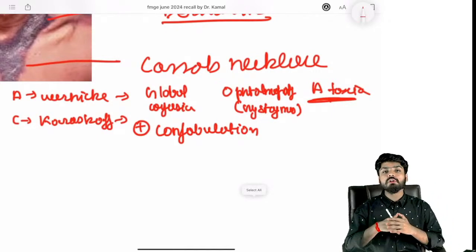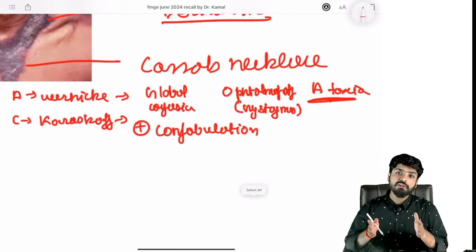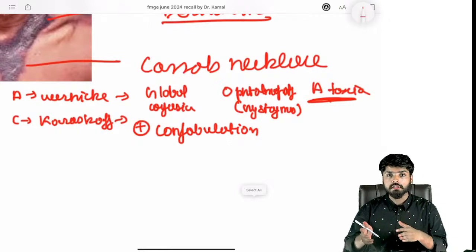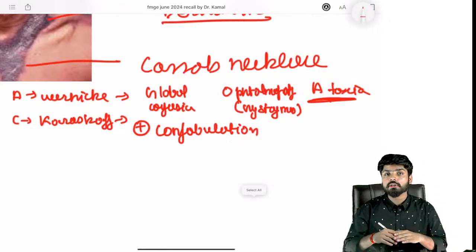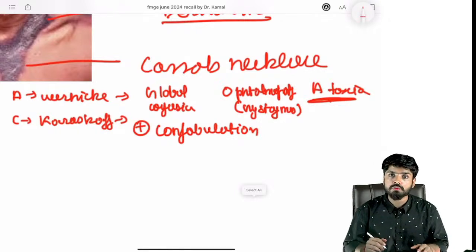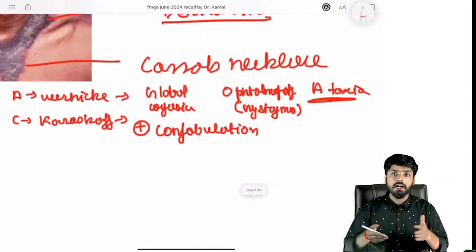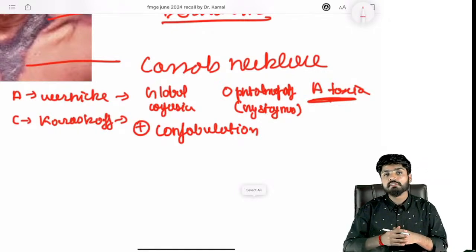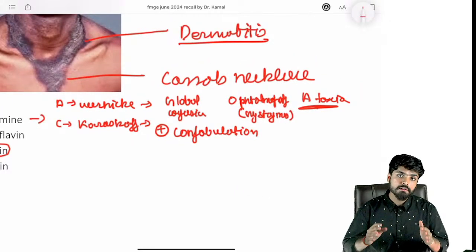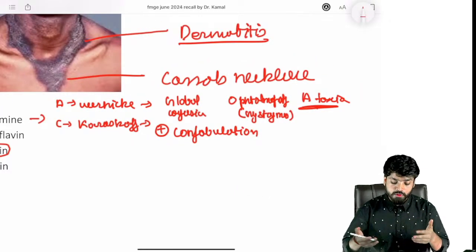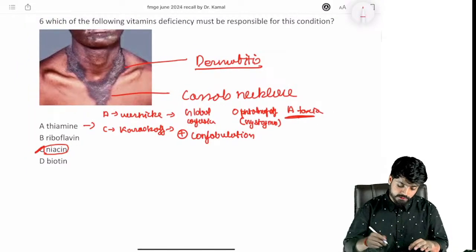Confabulation is false stories that we make to fill the gaps in the memory. This patient is going to have retrograde amnesia, so he is not going to remember all the events of his life. So when the loved ones ask about any previous memory, they fill up with any kind of information, and the relatives tell that they are telling more lies nowadays about the previous incidents.